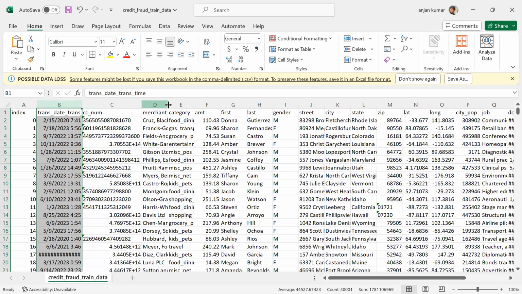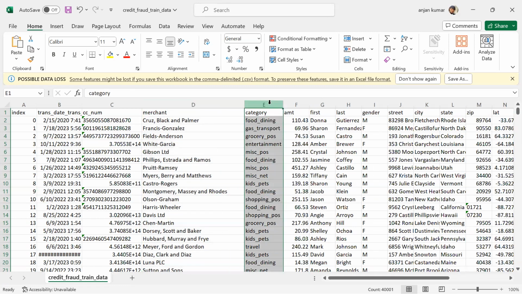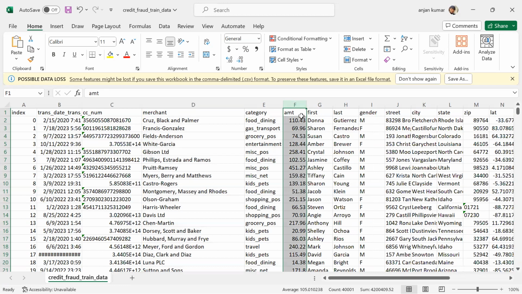And see guys, merchant is nothing but merchant company names. So this is nominal, sorry, not ordinal, nominal. And this category, even category could be nominal. Here amount is one kind of number, right? But is the number in continuous format or discrete format, tell me.